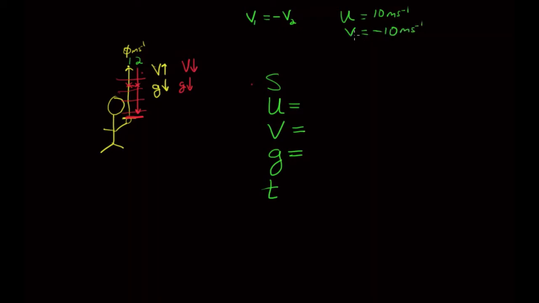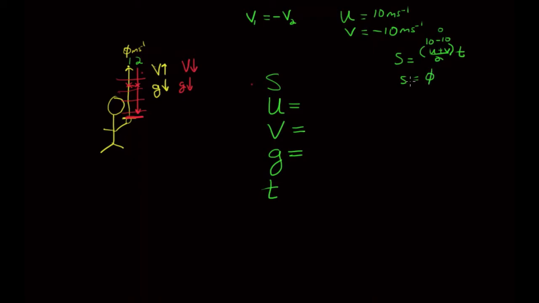And if you apply this, say you wanted to find out how far it went in the 1 second that it was in the air, S equals U plus V over 2 times T. Well, 10 minus 10 is 0, so the distance it traveled is 0.